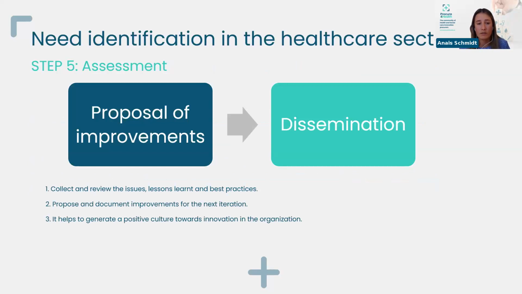So it's quite important to collect and review all the issues and lessons learned to improve the next initiatives, and then to disseminate and spread the word internally, so all the healthcare professionals and all people involved in the process can be aware of this improvement for the next iteration.